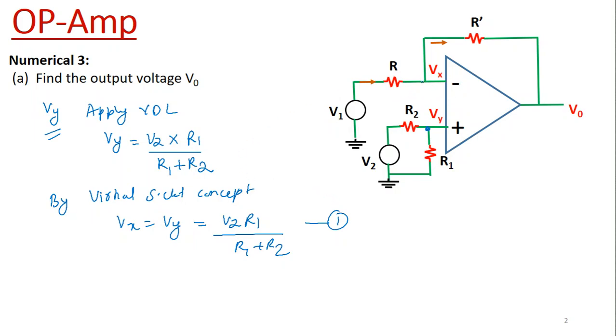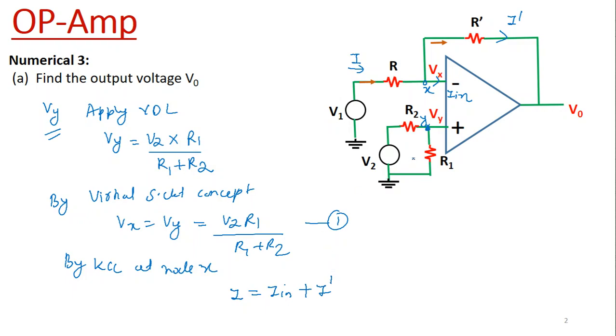Now this is the node number X and this is the node number Y. Let the current flowing through resistance R be I, the current flowing through resistance R dash be I dash, and the input current be I in. So we apply KCL at node number X. What we get? I is equal to I in plus I dash.